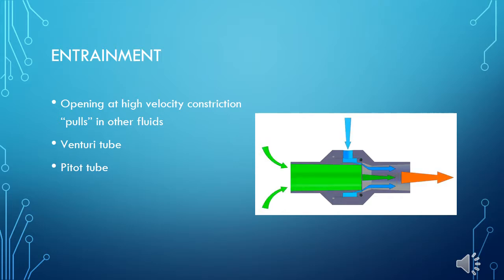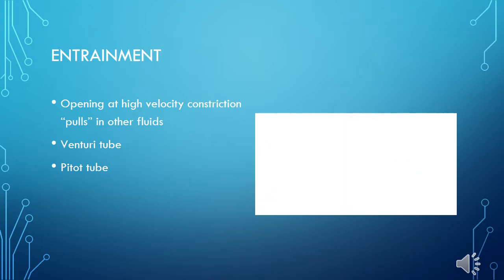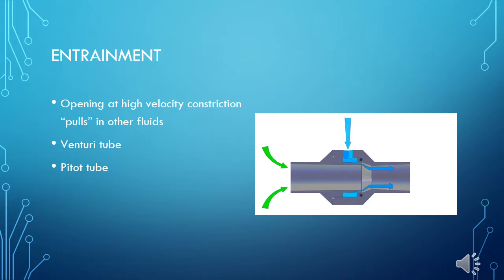And entrainment is what we work with when it comes to Venturi masks, where you have to deliver a precise amount of oxygen via a face mask. You can use your Venturi ports, and once you get to your clinicals or your labs, you can open up a couple of these and play with it. You'll see that it has a dial on it, kind of like a sundial. You turn it, and it's either going to make the port bigger to entrain more room air, or smaller to entrain less.